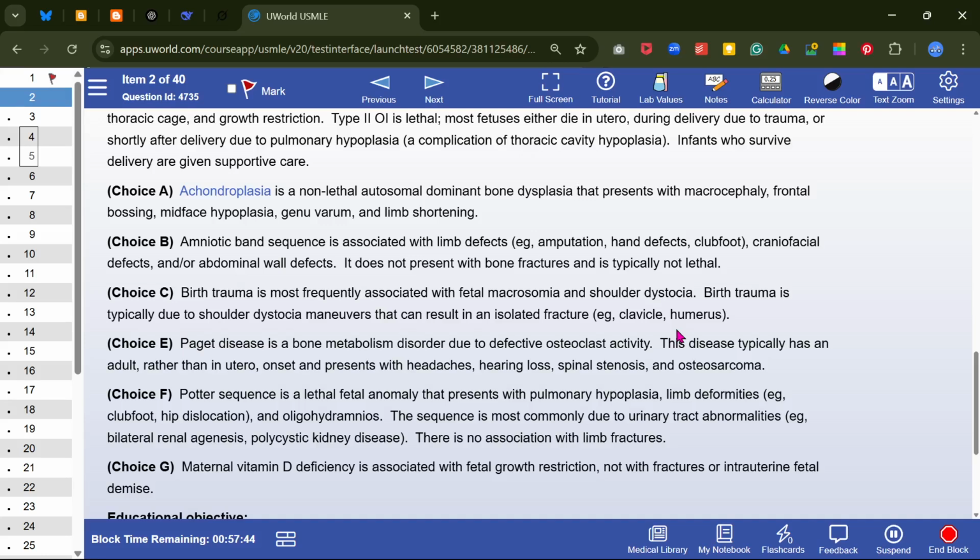And Potter sequence is a lethal fetal anomaly that presents with pulmonary hypoplasia, limb deformities, clubfoot, hip dislocation, and oligohydramnios. The sequence is most commonly due to urinary tract abnormality, bilateral renal agenesis, polycystic kidney disease. There is no association with limb fracture.